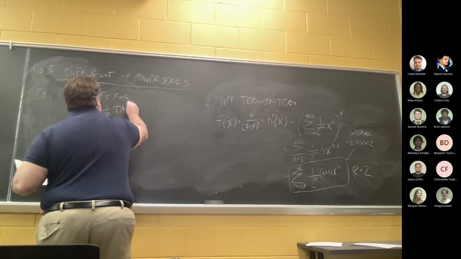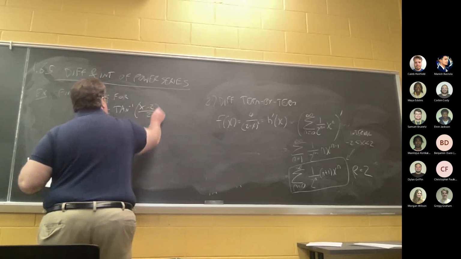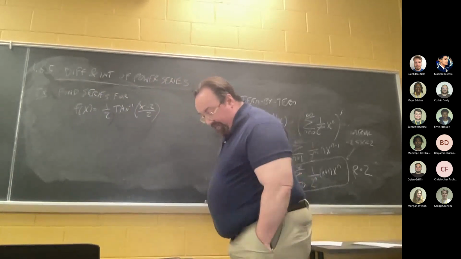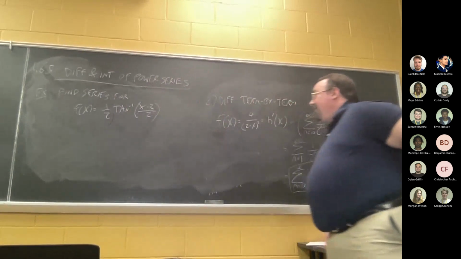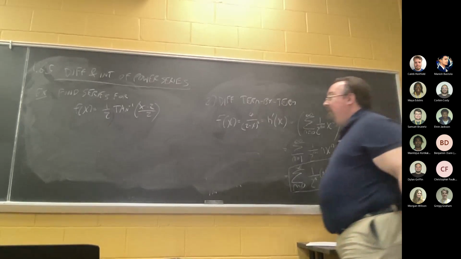Half inverse tangent of (x minus 2) over 2. Now, that is definitely not something you can easily express as a sum of a geometric series. Don't even bother. When you have a function like this, it doesn't look very geometric series-like at all.